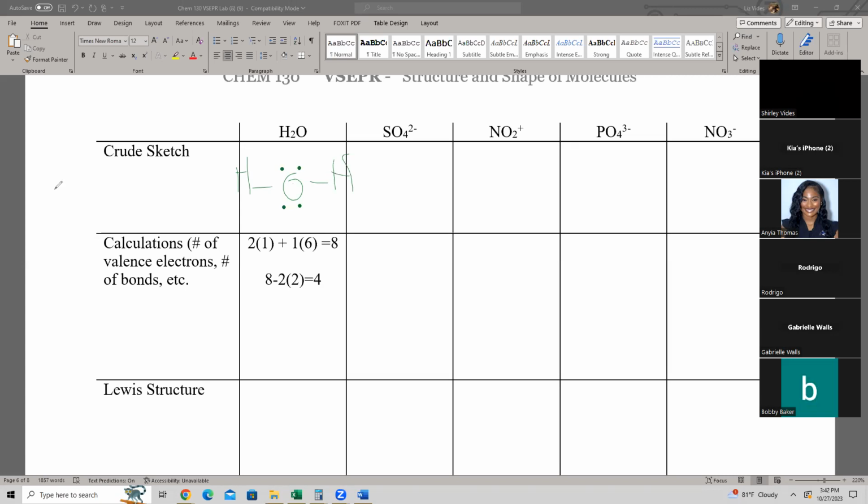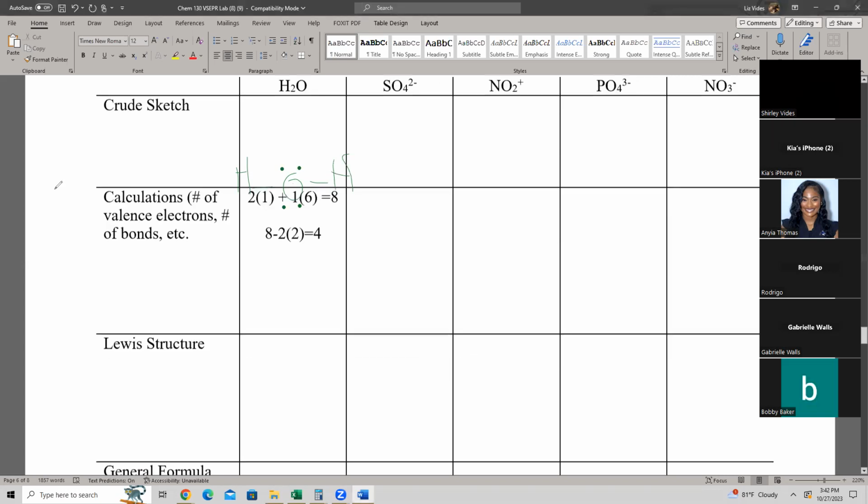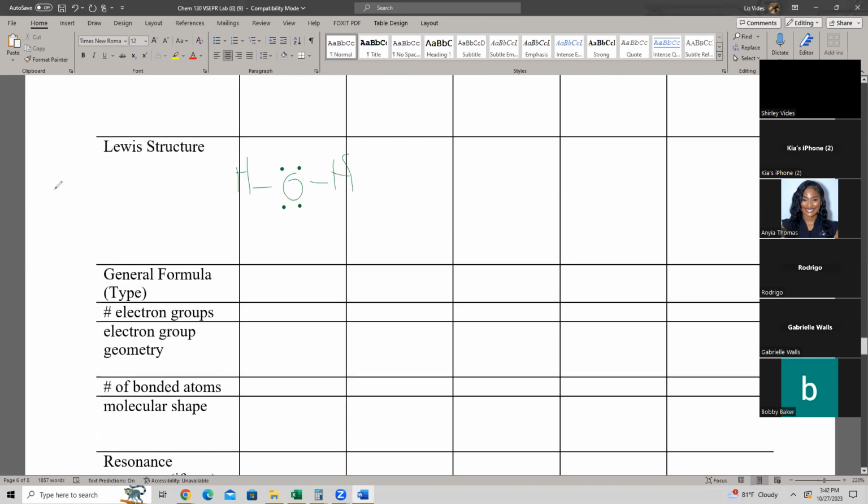All right, so once we do that, let's go back down and look at the general formula. What do you think this general formula is? Is there a central atom? Yes. So A, right? That's what that means. Are there any bonds? Yes. How many? 2.